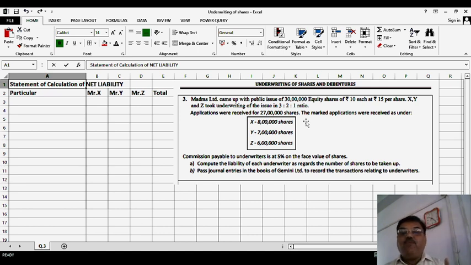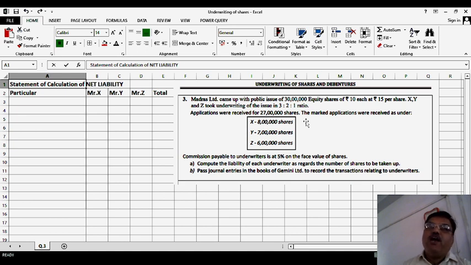Now applications were received for 27 lakh shares. अभी देखो 30 लाख का IPO था, उसमें से सिर्फ 27 लाख के लिए एप्लीकेशन आया. शेयर्स कितना अप्लाई हो गया है? ओनली 27 लाख. इसका मतलब दिस इज अ क्लियर कट केस ऑफ व्हाट? अंडर सब्सक्रिप्शन. And you know that under subscription, whatever the balance left out shares, who has to undertake?